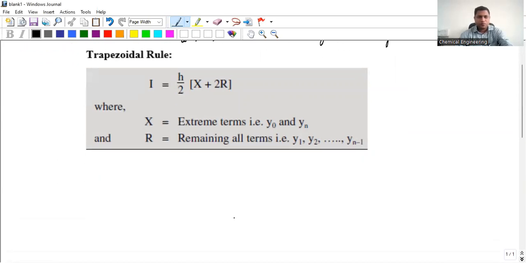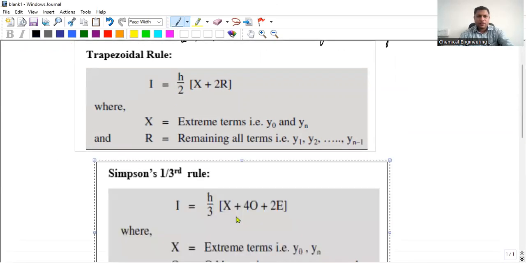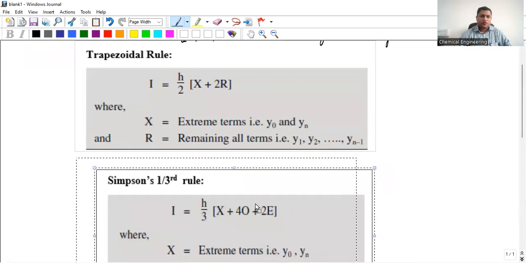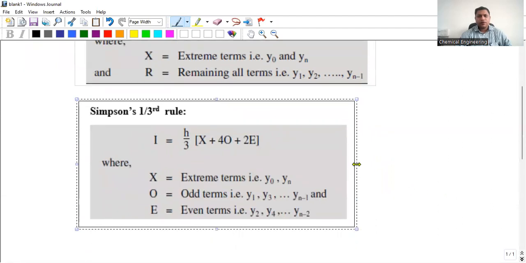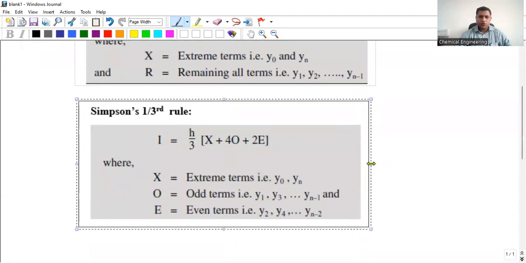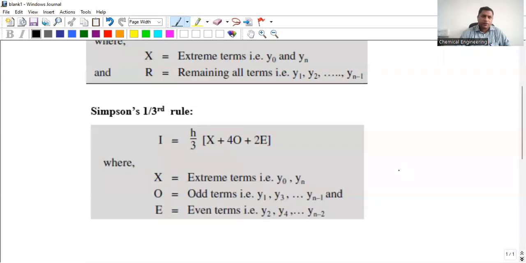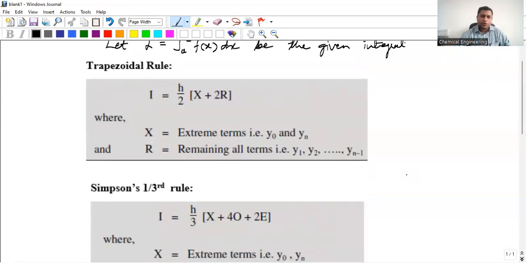Anyone remember? N should be an even number. So for Simpson's 1/3 rule, we know that n should be even. For the trapezoidal rule, there is no restriction.